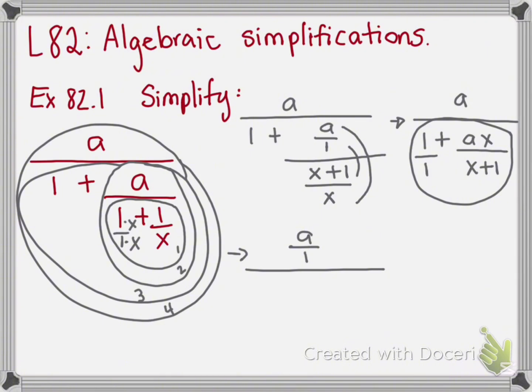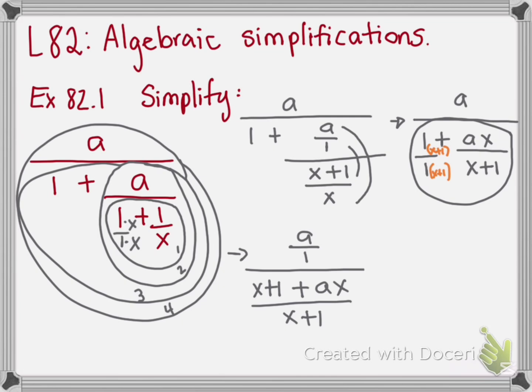So we want to multiply here times x plus 1 so that both of them have the same denominator. When we do that, we end up with 1 times x plus 1 here, and then plus ax. All of that over x plus 1, which is the common denominator.